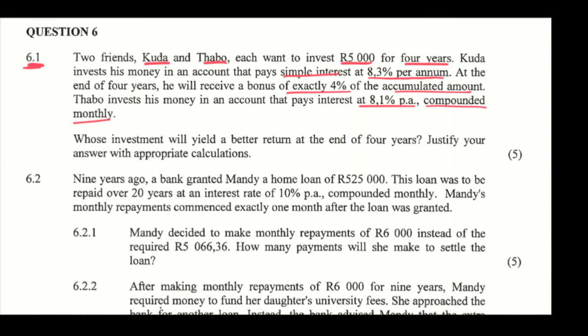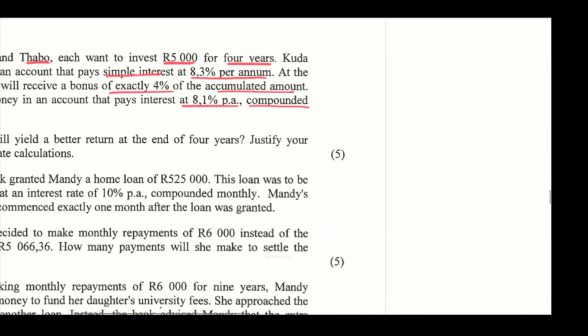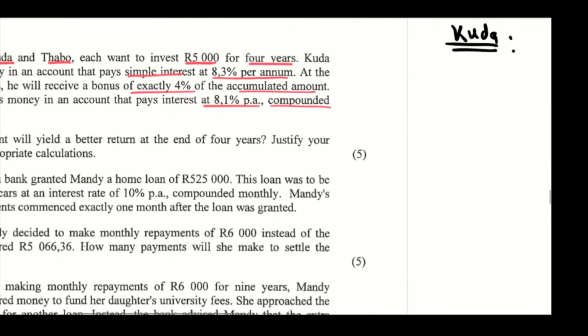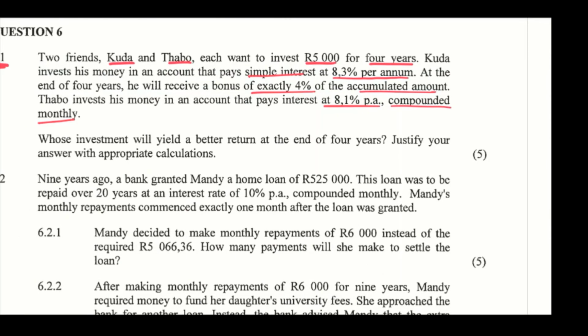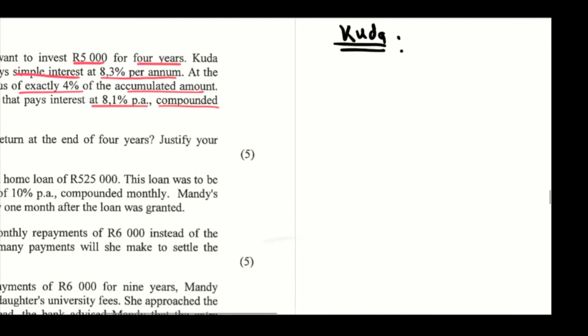So this is pretty straightforward. Let me just first indicate the information for each. So we're having Kuda, and the information that we have is this. Kuda also invests 5,000 Rand at a simple interest rate of 8.3% per annum, right?